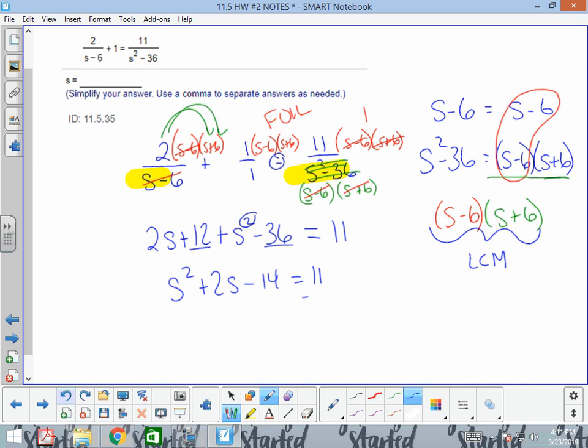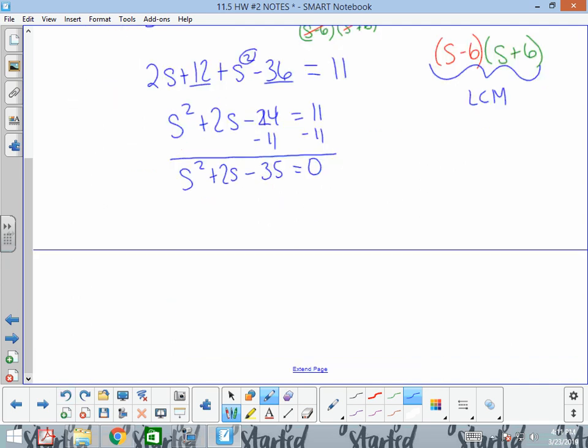And then subtract 11. Oh, not negative 14, negative 24. Sorry about that. And we get s squared plus 2s minus 35 equals 0.